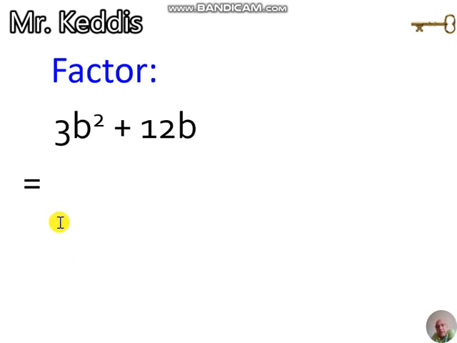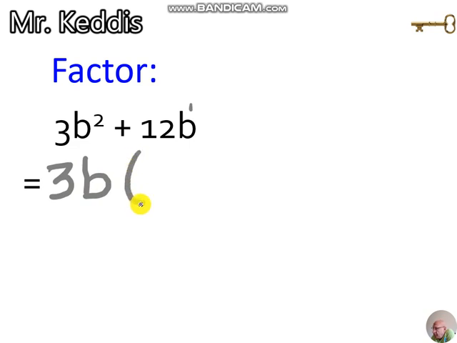You have 3b squared plus 12. The common factor between 3 and 12 is 3, because 3 is divisible by 3 and 12 is divisible by 3. You have b squared and b. I take the lowest power, which is b to the power of 1, so 3b is the common factor.